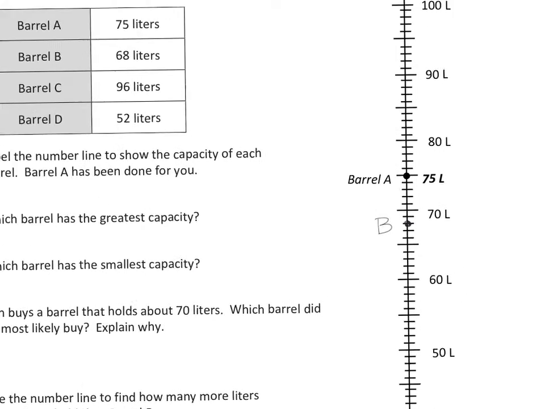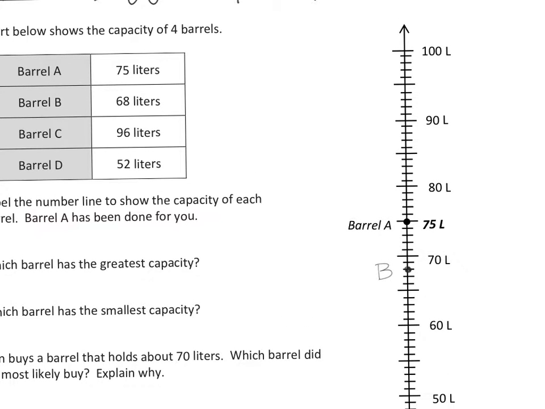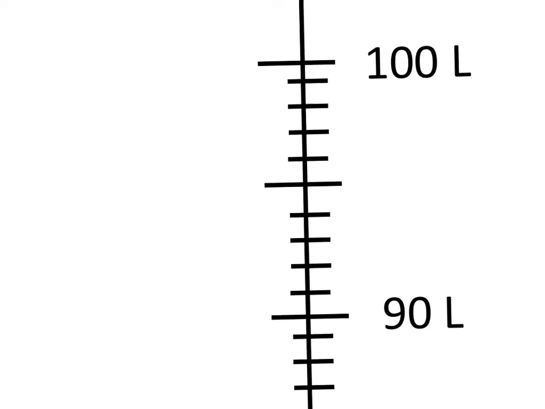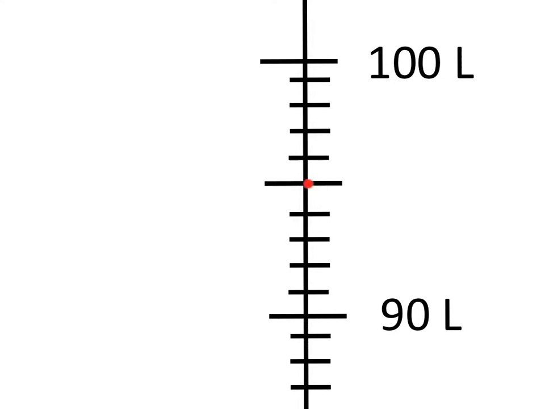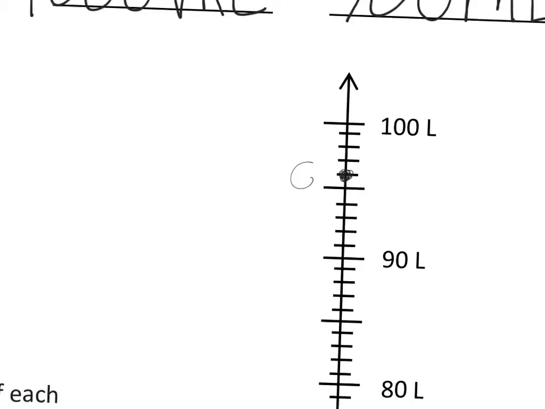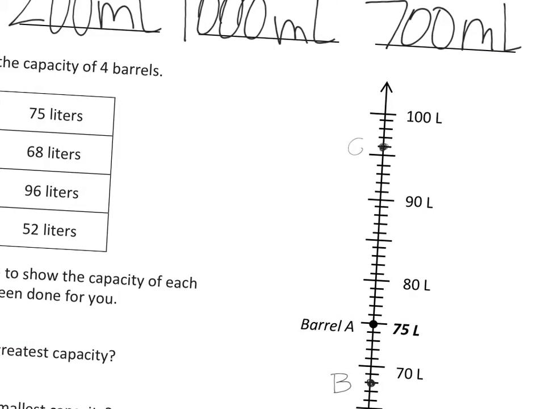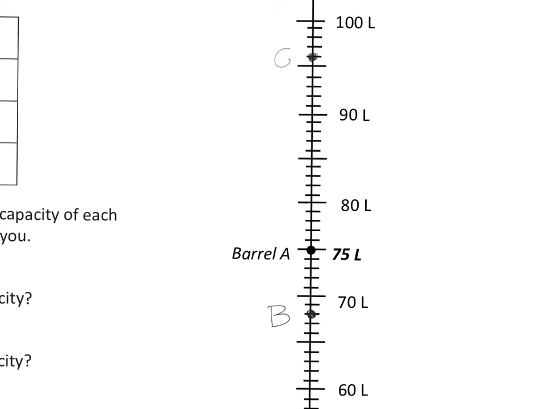Barrel C is at 96 liters. Where would I put 96? In between 90 and 100. And my halfway I know is 95. So 95, 96. And that line there is for barrel C. And then our last barrel is barrel D, and that is at 52.